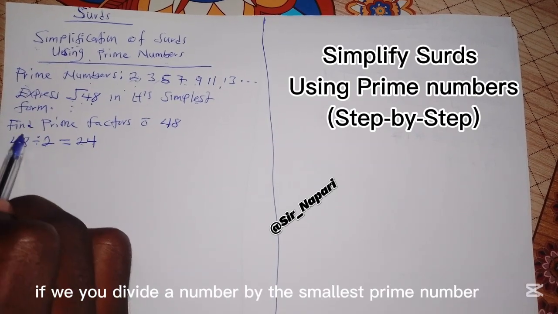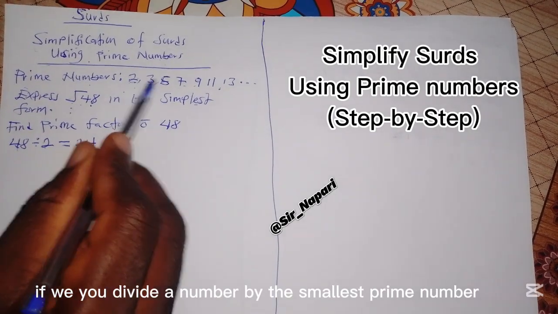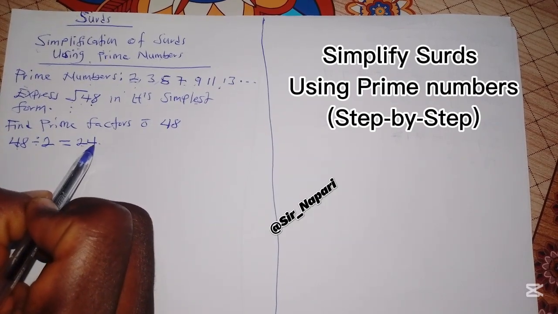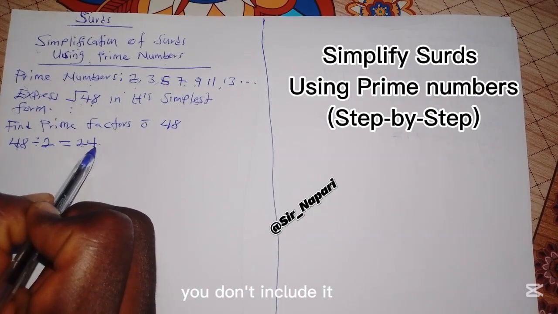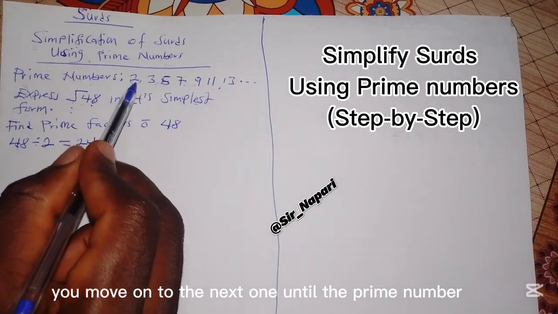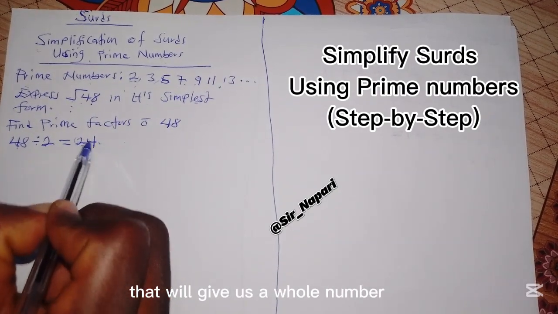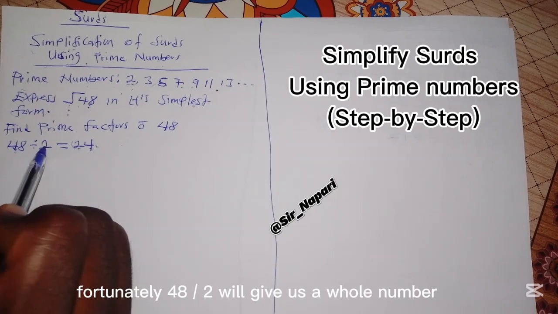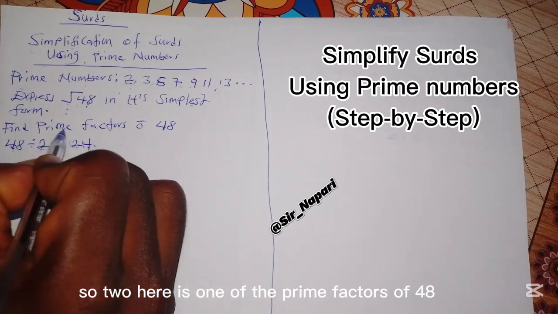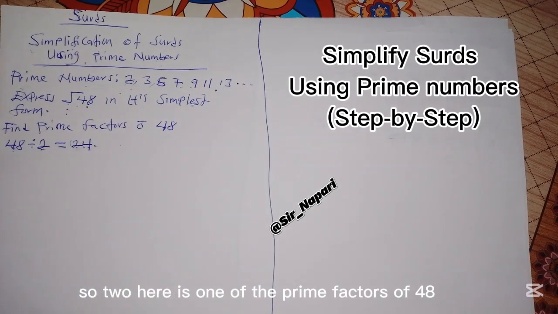If you divide a number by the smallest prime number and your answer is not a whole number, you don't include it. You move on to the next one until the prime number that will give us a whole number. Fortunately, 48 divided by 2 will give us a whole number. So 2 here is one of the prime factors of 48.